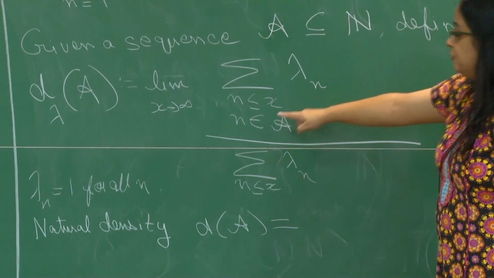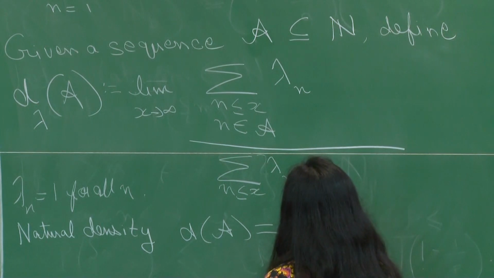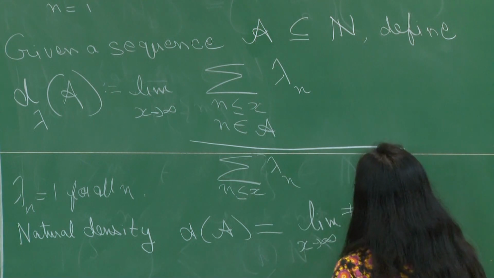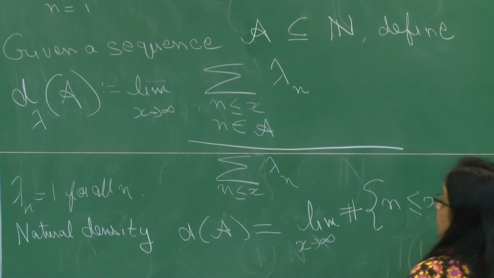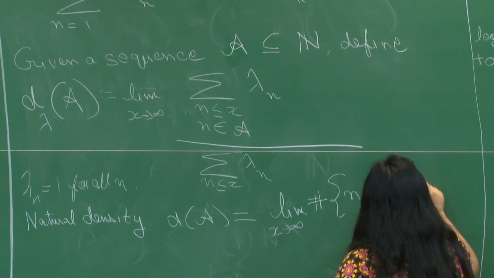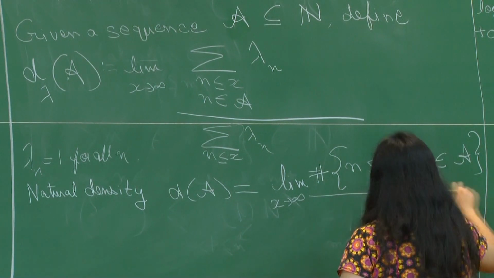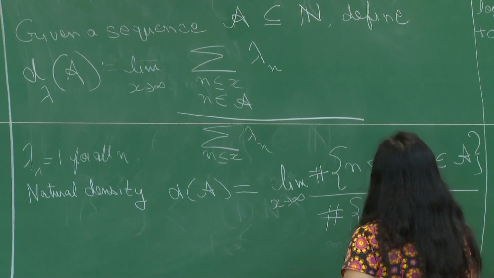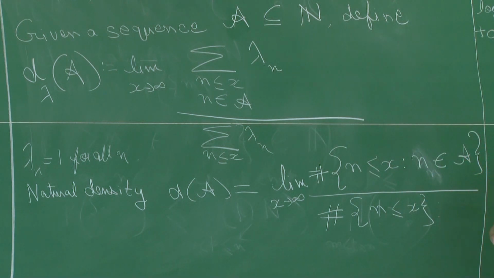This is 1 whenever n is in A. Therefore, the numerator is just the cardinality of the set of natural numbers up to x which also lie in the sequence A, divided by the number of n less than or equal to x, which is asymptotically the same as x goes to infinity.